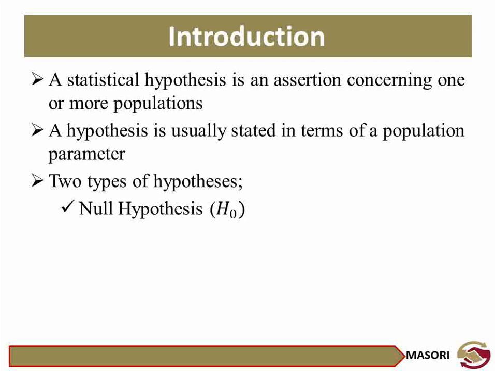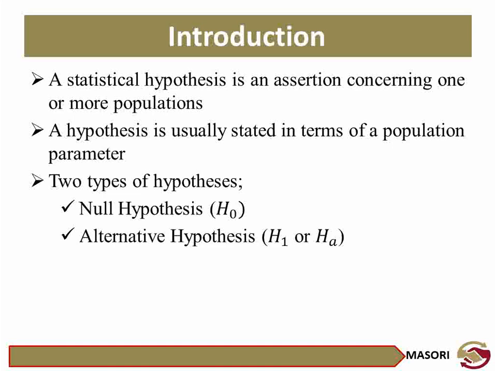So when we say state the null hypothesis, we are saying formulate a statement that indicates no effect or no relationship. The second one is the alternative hypothesis, which supports the existence of an effect or a relationship.